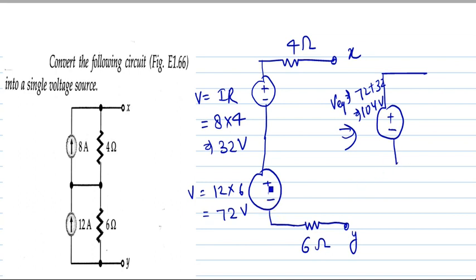Because we can see here, minus to plus we have taken positive, and again minus to plus we have taken positive. So these two voltage values will be added, and the resistance values will also be added because these are connected in series. So here it will be 4 plus 6, that is equal to 10 ohm. So this is the equivalent single voltage source for this circuit.